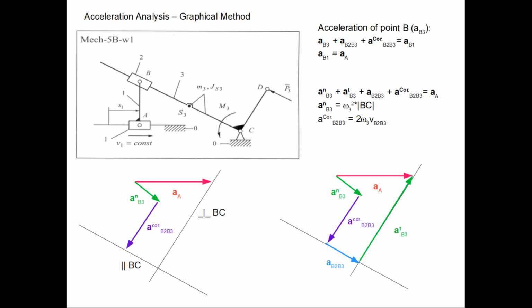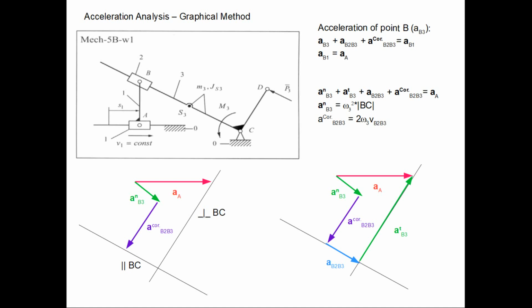And of course, we have a case when there is a rotating frame of reference and a relative motion in this frame of reference, and therefore there has to be also a Coriolis acceleration, AB2B3 Coriolis.